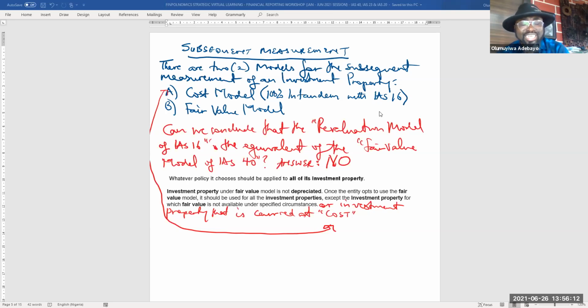And therefore, that is the Nigerian perspective. But in most of the Western world, it might not be compulsory.